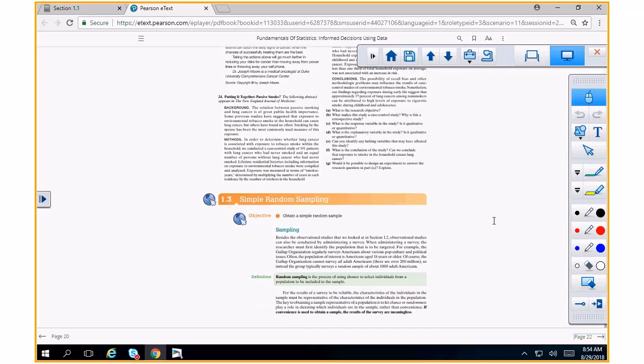Why? What is the key word to a random sample? Everybody has the same what? Chance of being picked. Everybody has the same chance of being picked. That is the key words for a random sample.